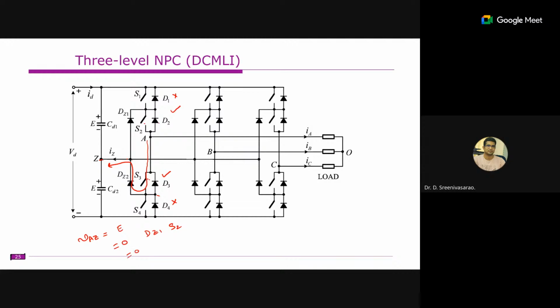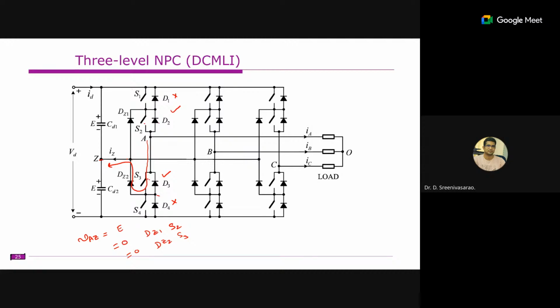Now you are getting 0 voltage, but now DZ2 and S3 are turned on. So depending on the current direction, from the source to load or from the load to source, or during freewheeling time, we have 0 voltage, and at a time one diode will be forward biased and carry the current.